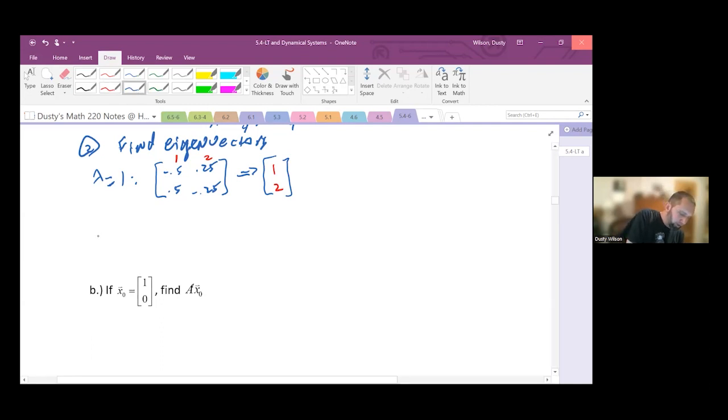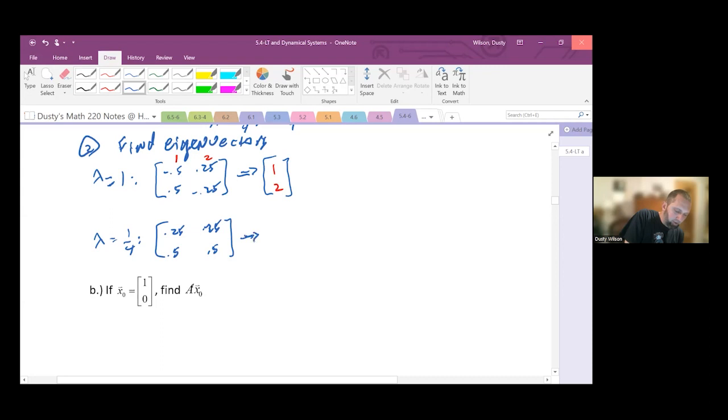Similarly, if lambda equals 1/4, then A minus lambda I would be 0.25 and 0.5 and 0.25 and 0.5.